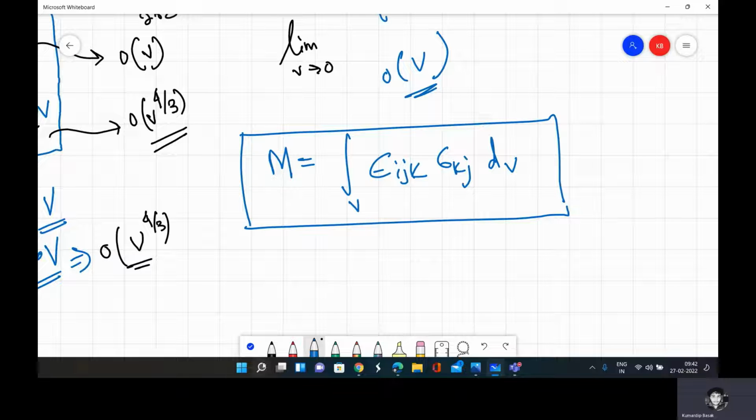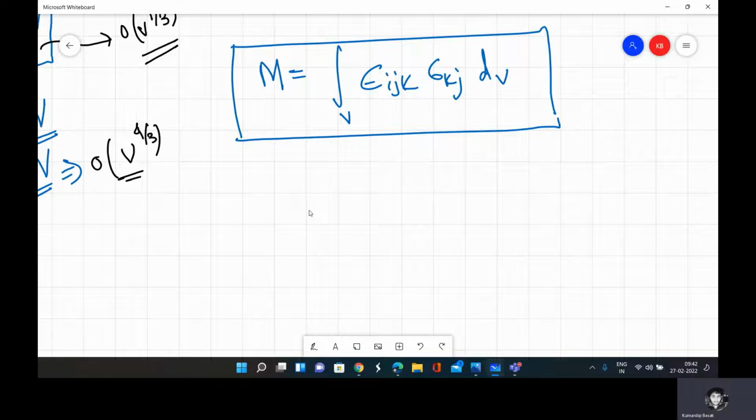Now understand the physical perspective again. What is this moment? This moment is the internal moment of the fluid element. That is, different surface forces are acting, different volume forces are acting, and we take the moment out of that. So that is the internal moment for that fluid element, that exists for all fluid elements.